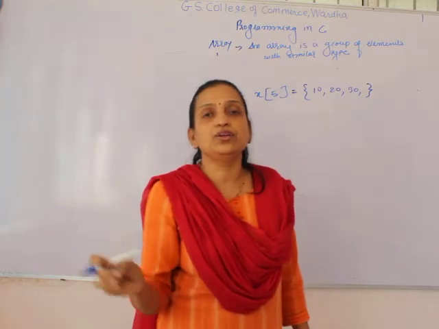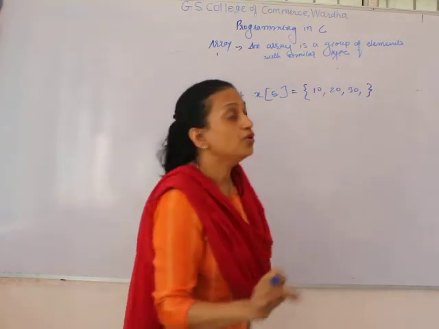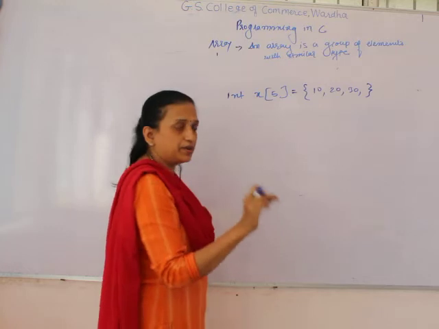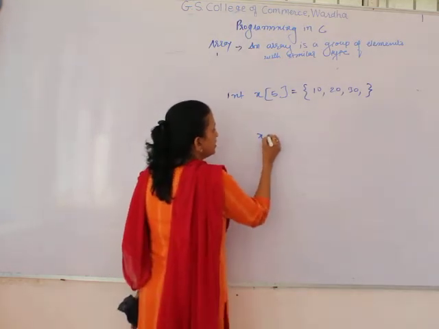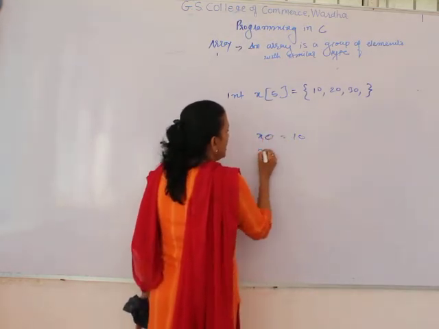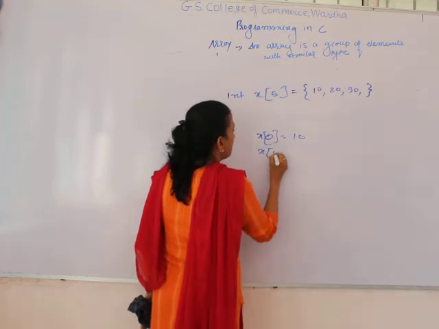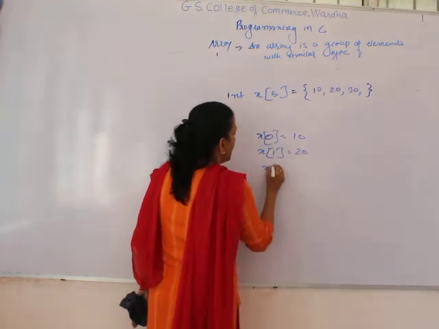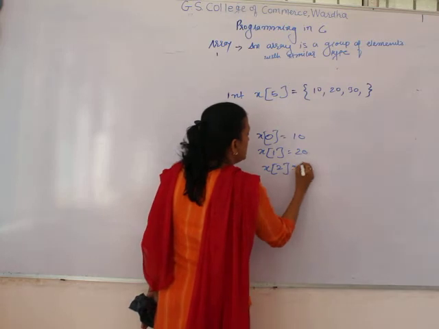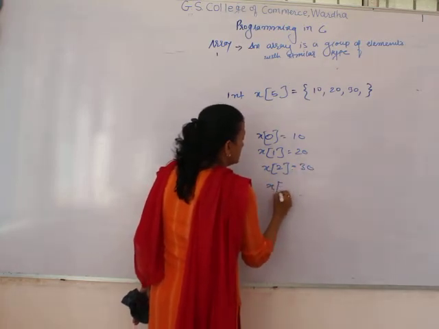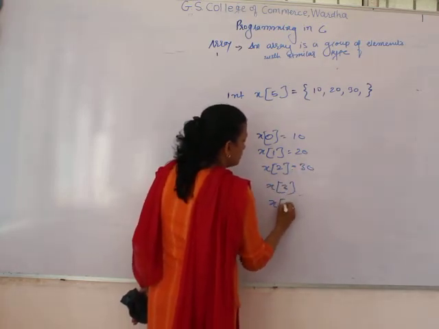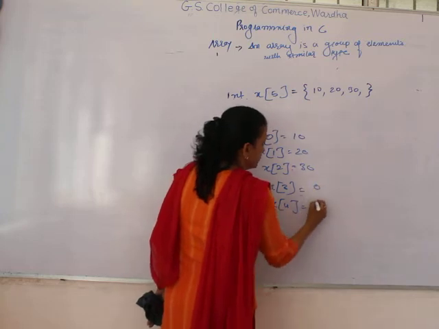The compiler will assign 0 to such variables. Means x0 is 10, x1 is 20, x2 is 30 and x3 and x4 are 0.